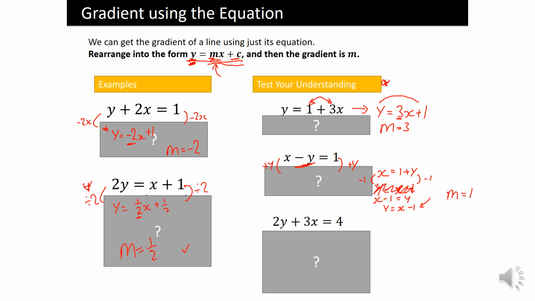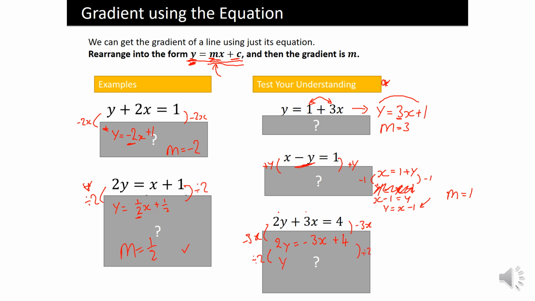And last one, and I think the trickiest one on here, we can see we've got the x's and the y's on the same side, so we need to sort that out. So we'll subtract 3x from both sides. So we've got 2y equals minus 3x plus 4. And then we've got 2y, we want just to get y on its own, so we're going to divide by 2.